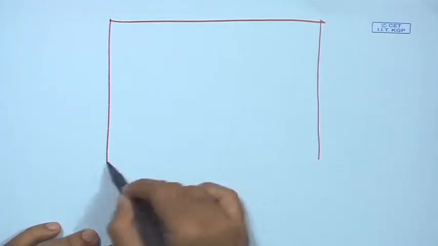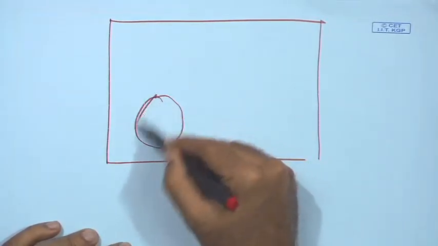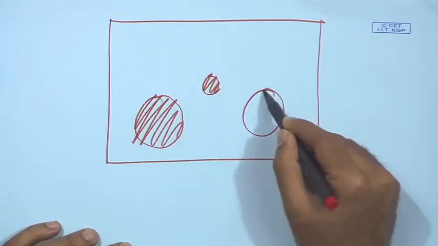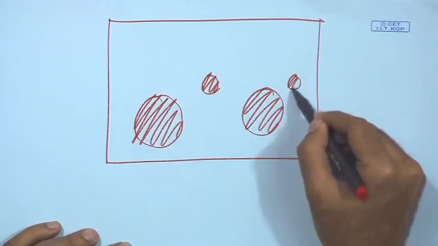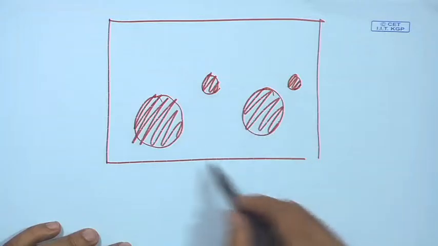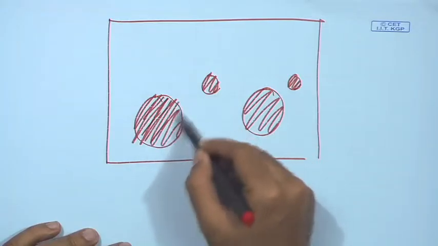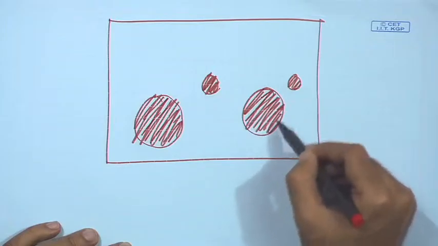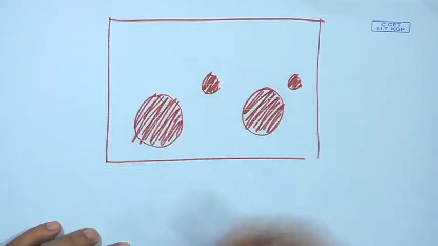For example, if in your visual field you place a circle like this, and you place another circle like this, and another circle like this and this, these are various represented participants whom we have got in this particular image.